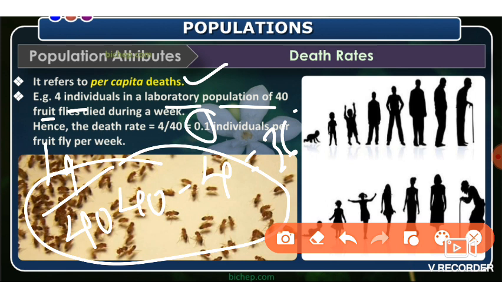We calculate per week because the duration of reproduction is very short here, so we can take weeks. So per week, per individual, 0.1 death is going to happen. That is what they have given in the case of death rates.